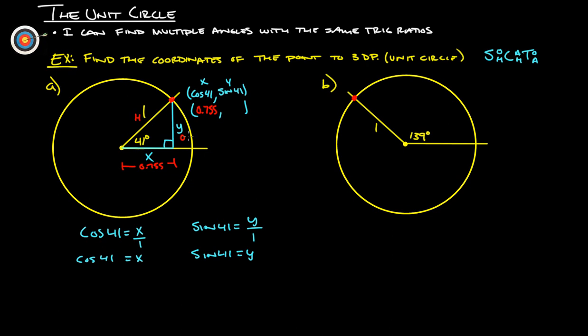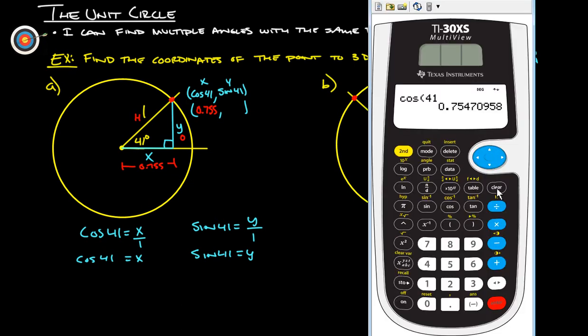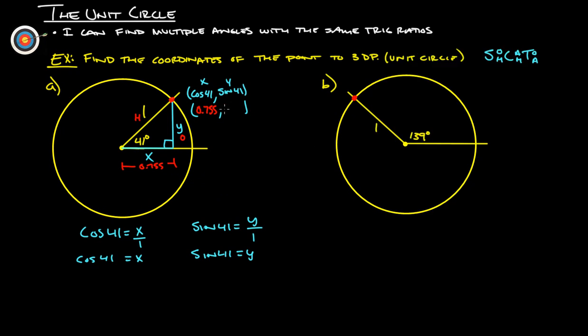And then if we're looking for the y coordinate here, we're going to do sine of 41. So now we clear that out and do sine 41, push equals, and we get 0.656. So that means from here down to here is 0.656.